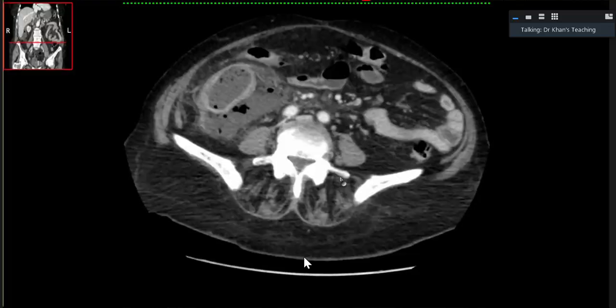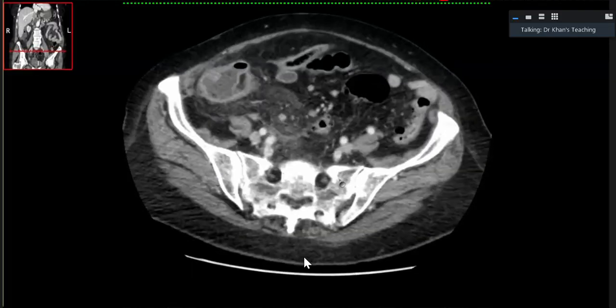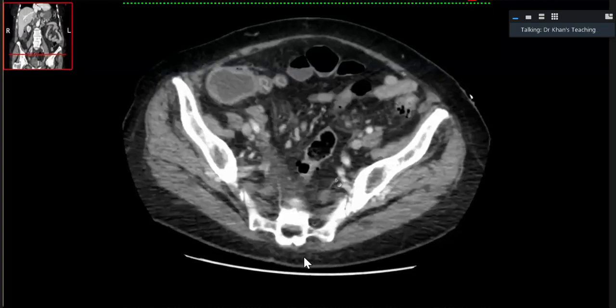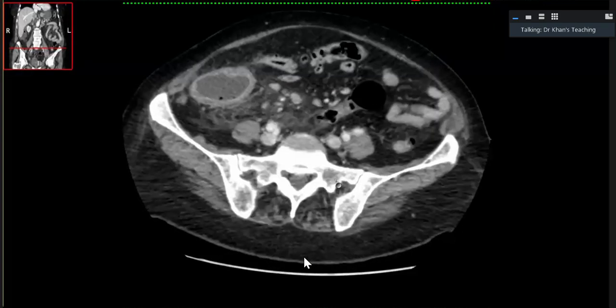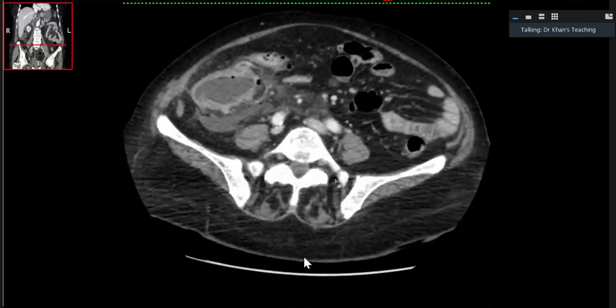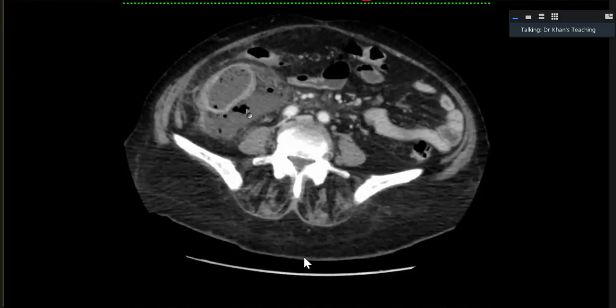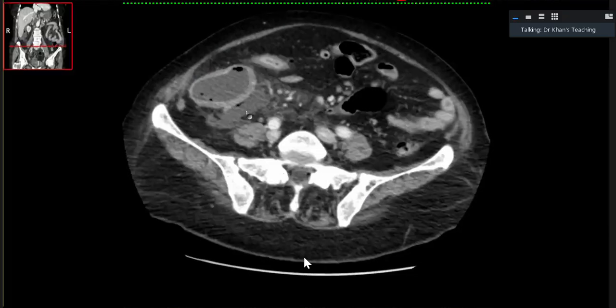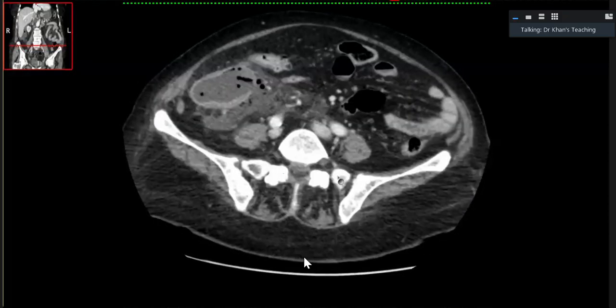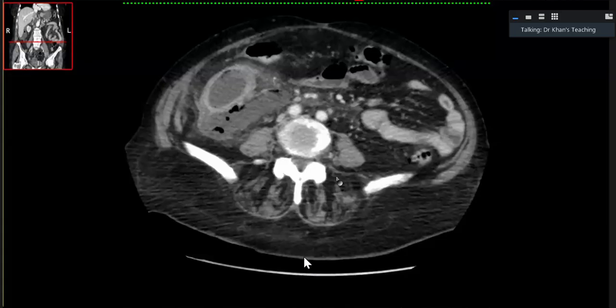In any case, now the interesting bit is that first of all, there is extraluminal air. Extraluminal air means your area of interest is around the cecum and the ascending colon.